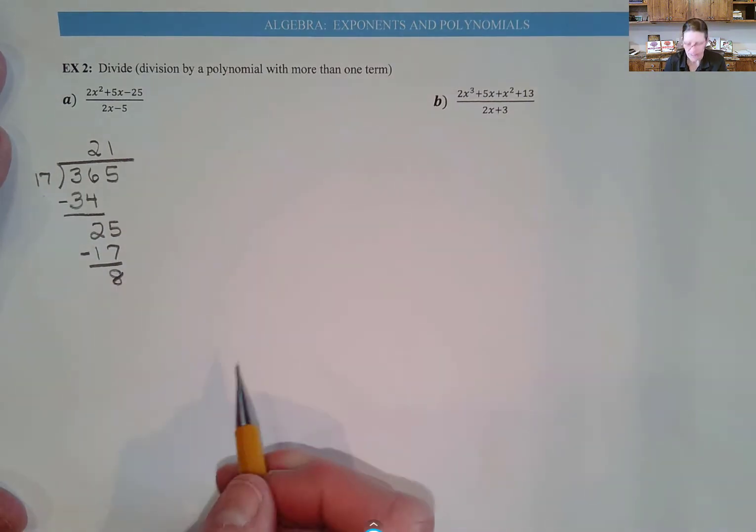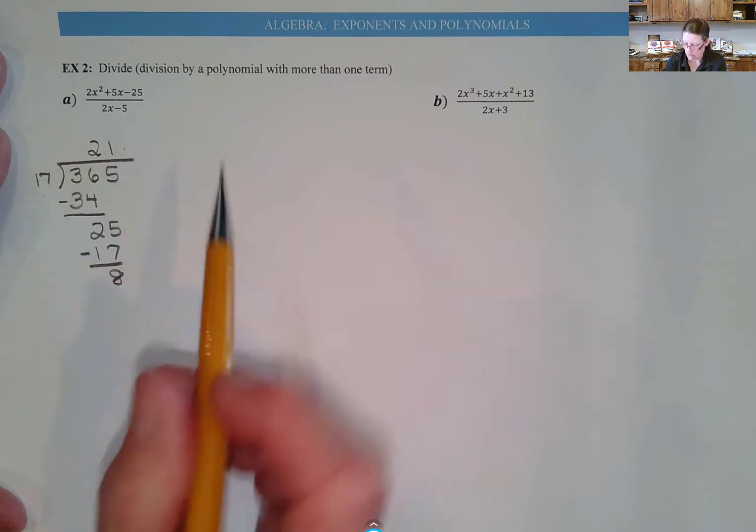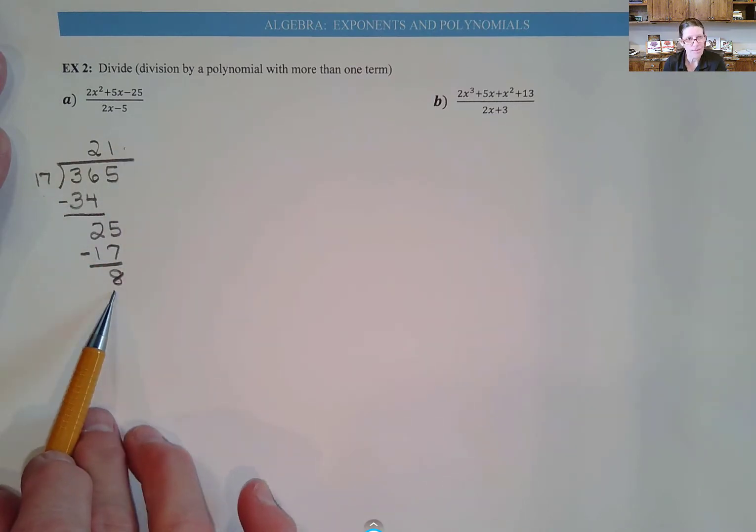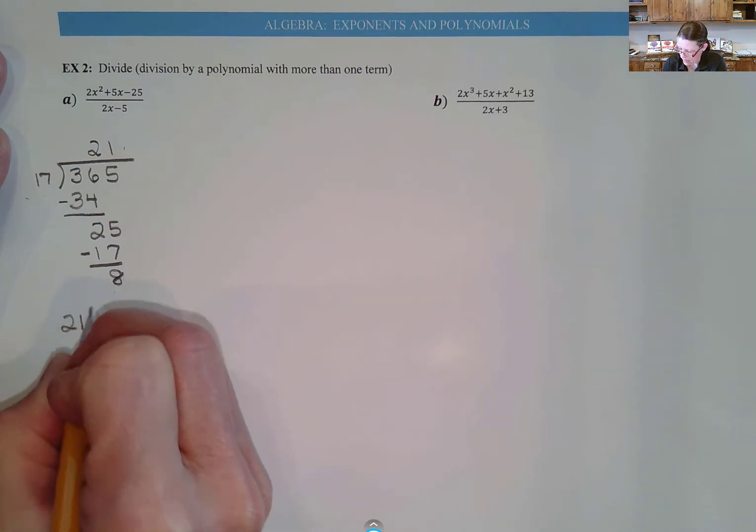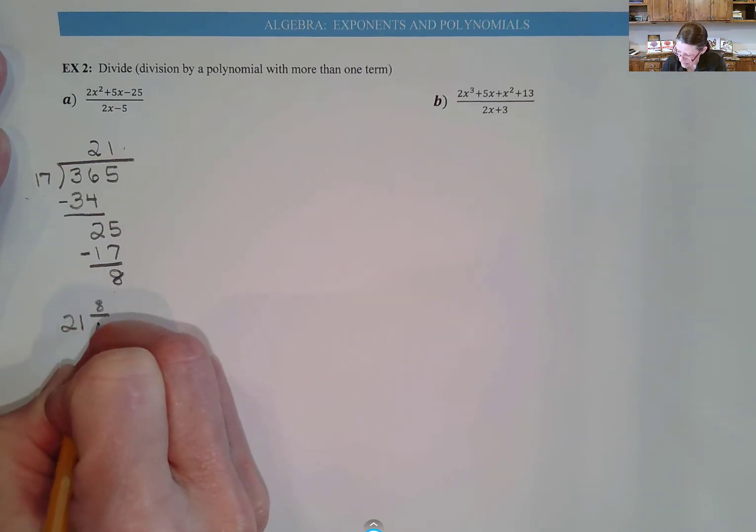And we can write this answer as our quotient along with remainder over divisor. That's 21 and 8/17.